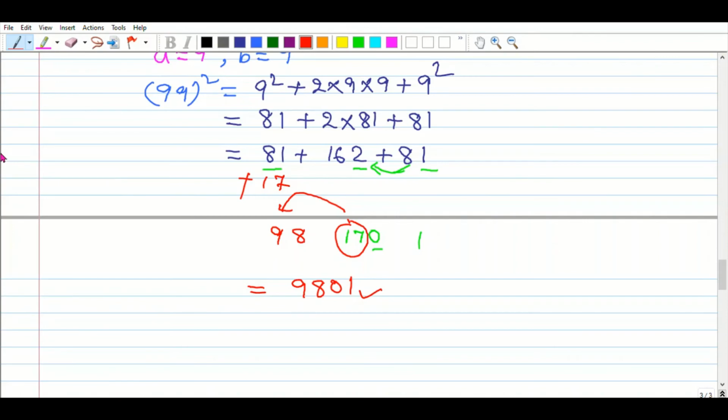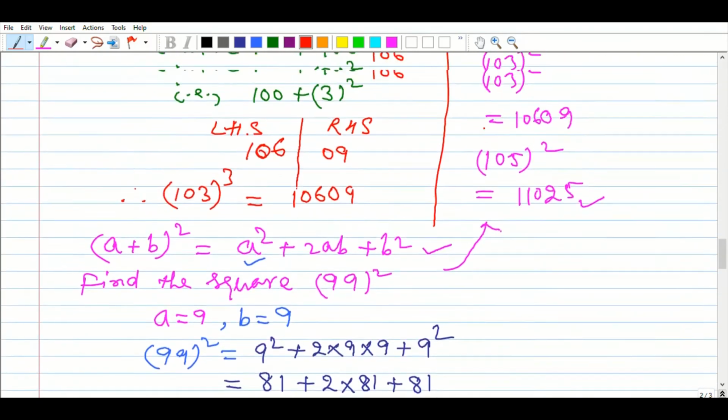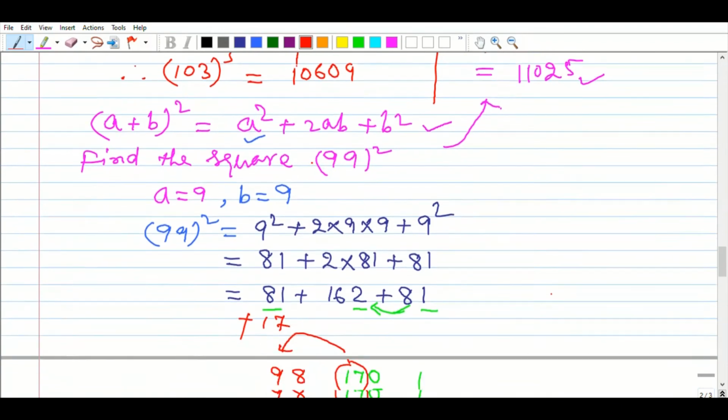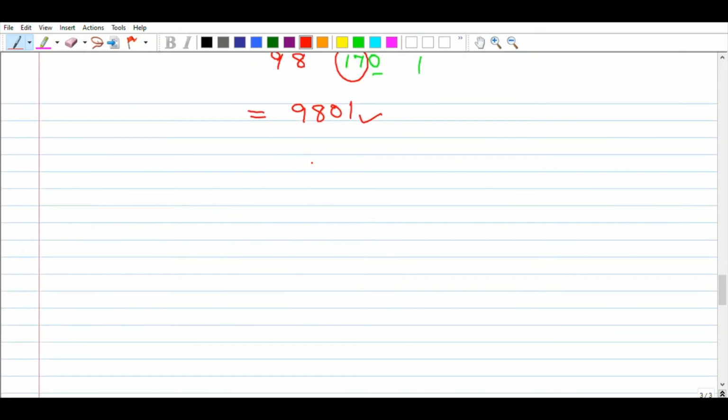This is using identities, but I think that other than this one, there is a very easy method to find instantly the square of the number.